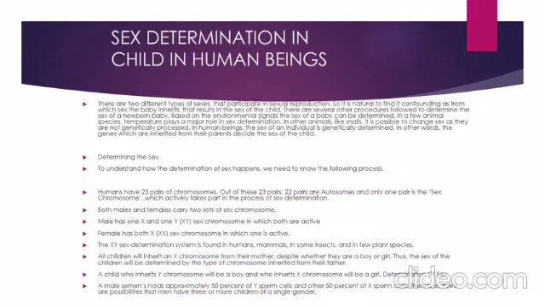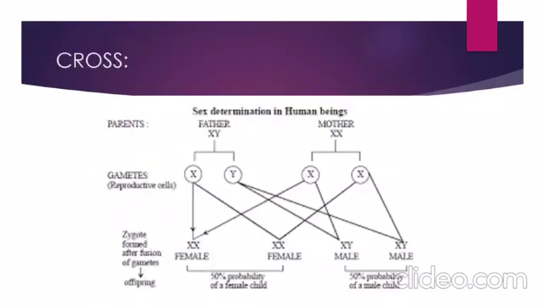We can see this with the help of the cross, which I'll show you now. The father has two types of chromosomes, X and Y, and the mother has XX. Both the chromosomes are the same, and the gametes formed by the reproductive cells in the father, X and Y, get separated, and in the mother these are X and X. Now the zygote is formed after the fusion of the gametes.